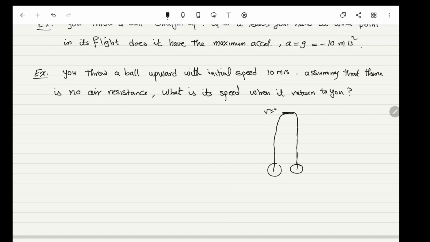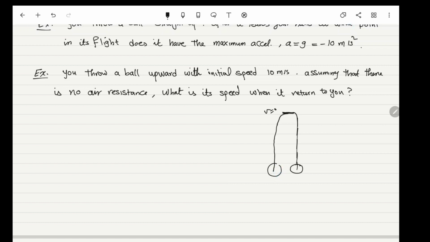The same rate here. Since the acceleration is constant all the way in the trip, going and back, the velocity of the ball here is equal to the same velocity as the initial velocity.